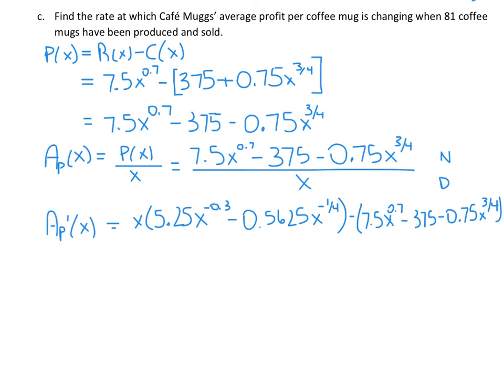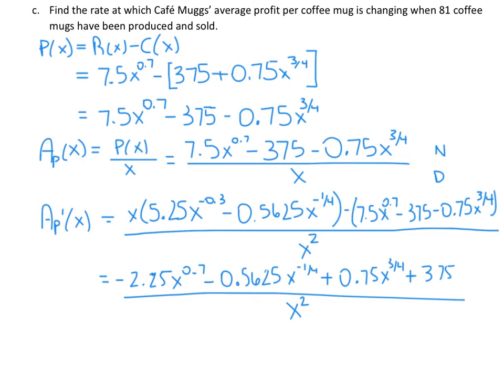Now next, using the quotient rule, we now subtract off the numerator times the derivative of the denominator. So we copy down the numerator and then times the derivative of the denominator, but the denominator is x and the derivative of x is just 1. And then that's all divided by the denominator squared. We can simplify this a little bit by getting rid of the parentheses and combining a couple like terms.